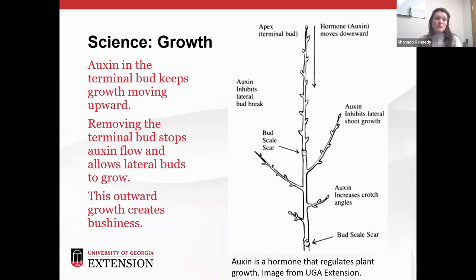One place where this is really important is in fruit tree orchards. You don't want your tree to get very, very tall to the point where you are unable to reach the fruit it's producing. So orchard managers will take advantage of getting rid of the terminal buds and directing growth outward.